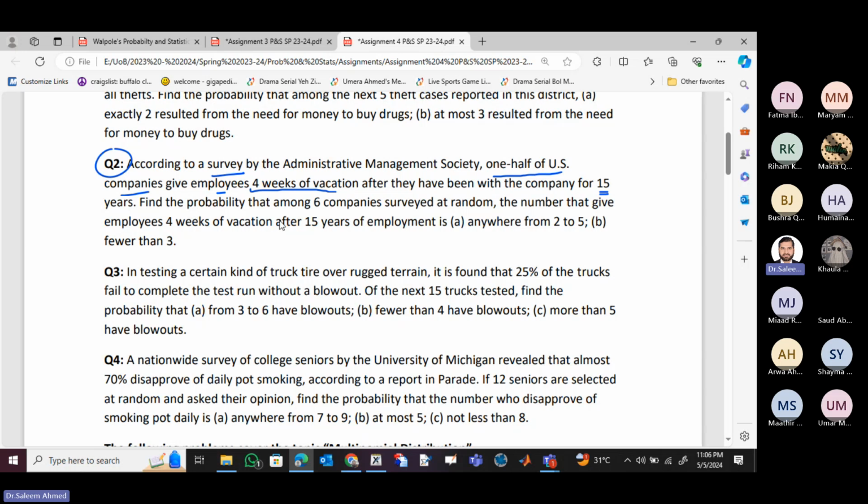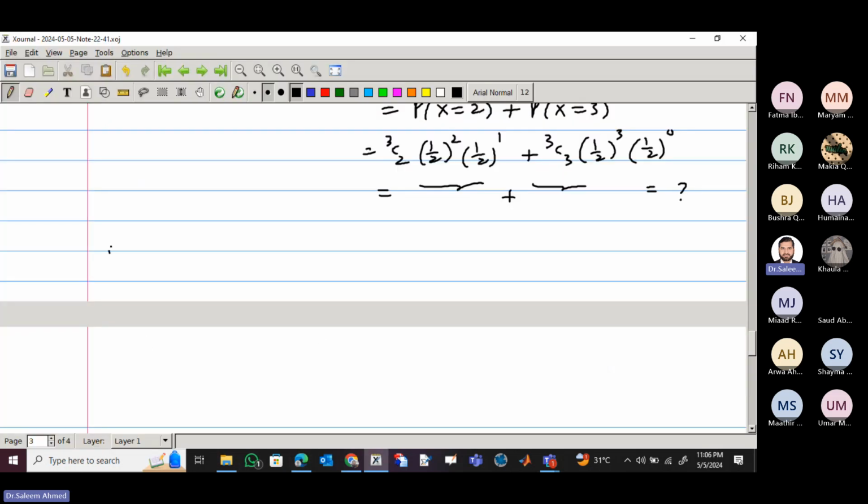So he said, find the probability that among 6 companies surveyed at random, so it means n is 6, the number that give 4 weeks of vacation is anywhere between 2 and 5. So he said out of these 6 companies, from 2 to 5 companies give 4 weeks of vacation, or fewer than 3 companies give 4 weeks of vacation, right? So I got n equal to 6 here.